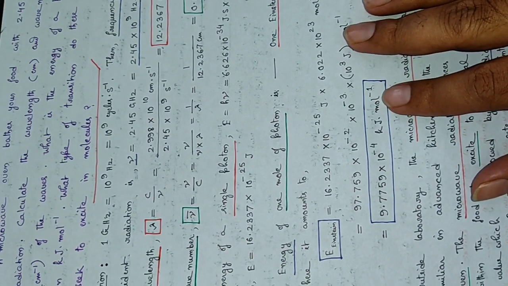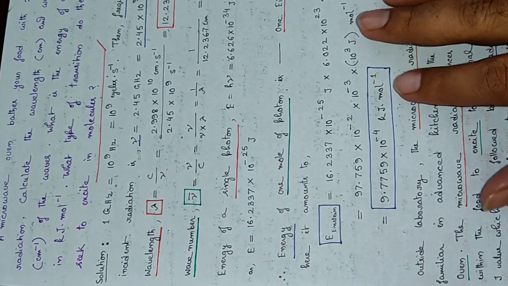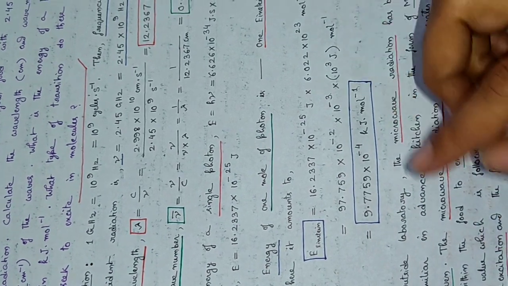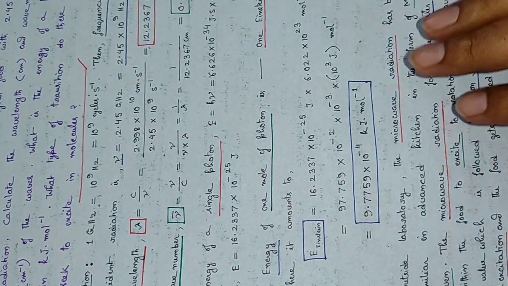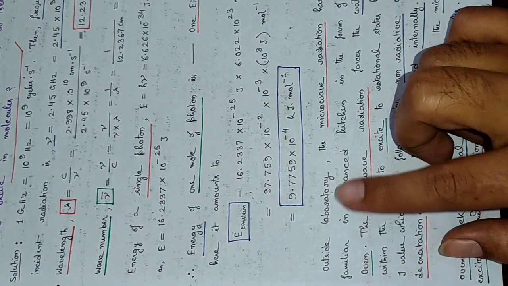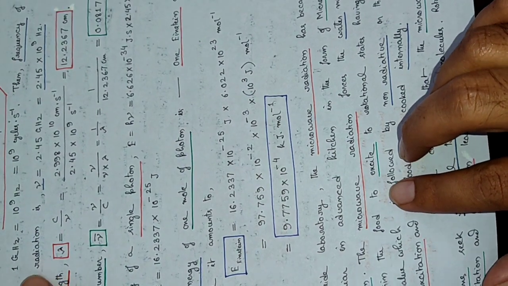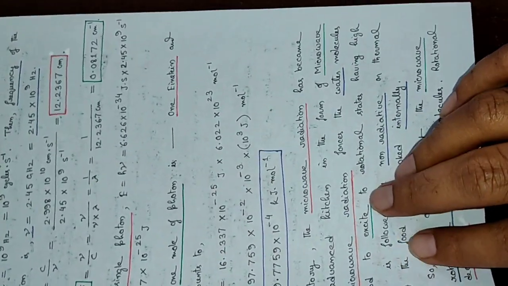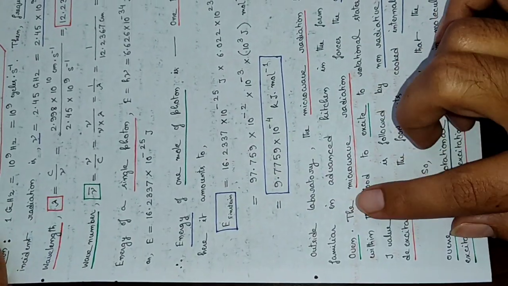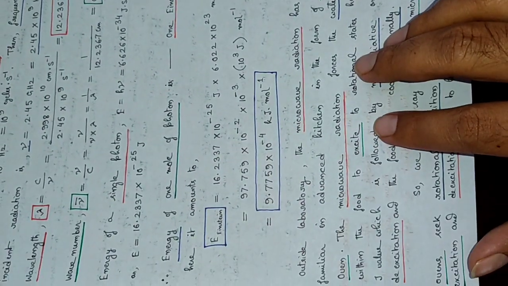Now the last question, what type of transition do these ovens seek to excite in molecules? That is how the heating occurs in a microwave oven. Outside laboratory, the microwave radiation has become familiar in advanced kitchen in the form of microwave oven.